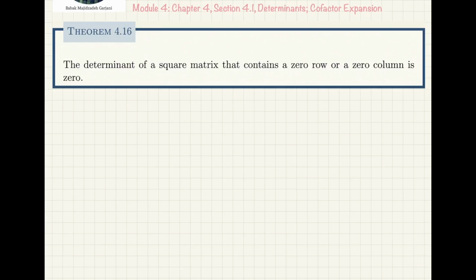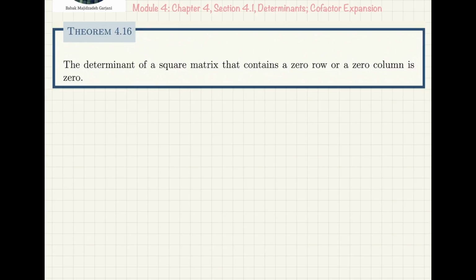First, let me mention what I mean by 0 row. A row in a matrix such that all the entries are equal to 0, I call it a 0 row. Similarly for a 0 column. If I have a column whose entries are all 0, then I will call it a 0 column.